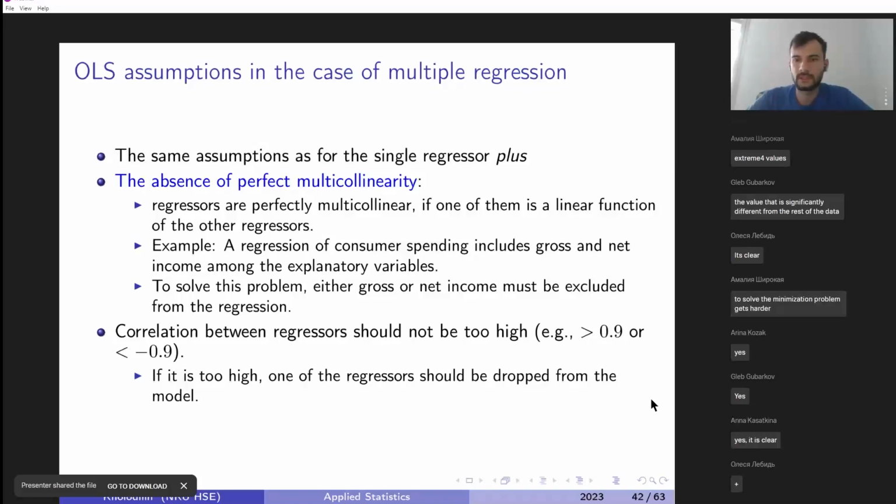Another simple example of this case is gender, because if you denote 1 as male and 0 as female, or the other way around, they are perfectly correlated: for one person it's 1, and for those for whom it's not 1, it's 0 by definition, and that's why you have perfect correlation.